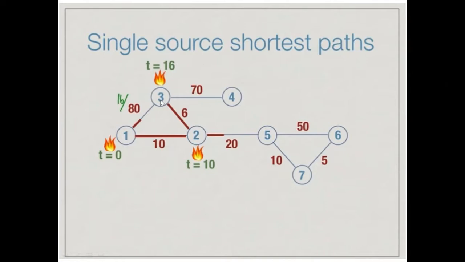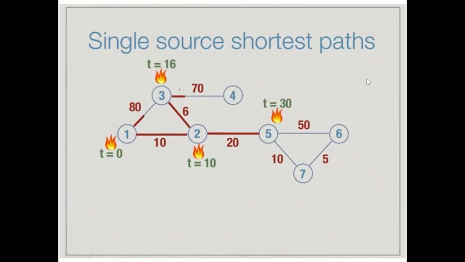Okay, now let's move ahead. Let's take some more time. Now after 14 more seconds, that is, at t equal to 10 seconds, depot 2 caught fire. At t equal to 16 seconds, depot number 3 caught fire, and at t equal to 30 seconds, depot number 5 also caught fire.